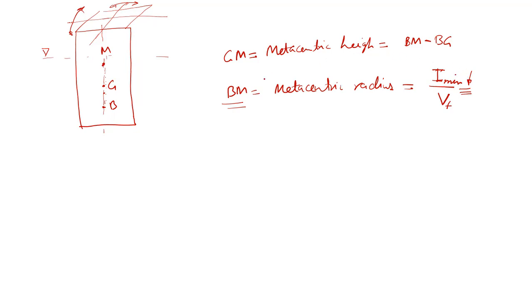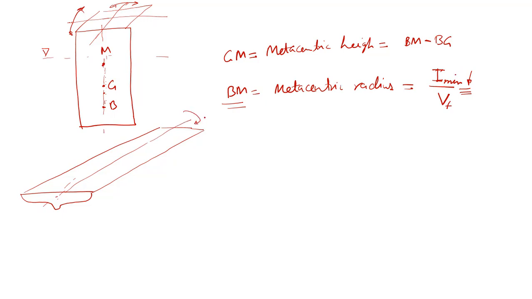For example, if I consider a ship, let's suppose this is a ship. It can do two motions. One is rotation about this axis, that is roll, and then rotation about this axis, that is pitch.